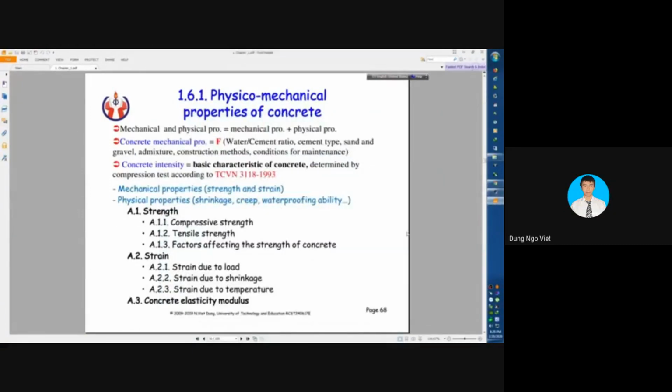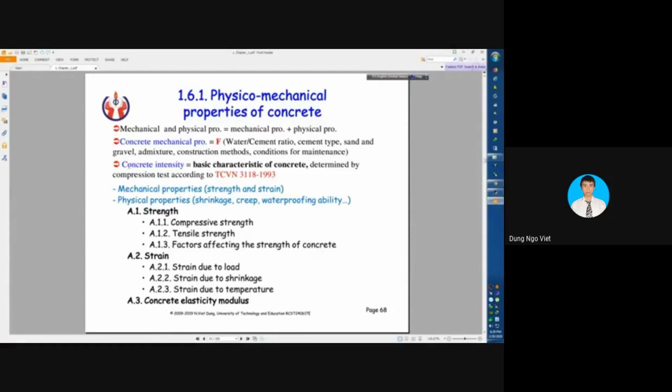At first, we study physical-mechanical properties of concrete. The mechanical and physical property is the mechanical properties and the physical properties. And the concrete mechanical property depends on the water-cement ratio, the cement type, and the sand and gravel, mixture and construction methods, and conditions for maintenance.